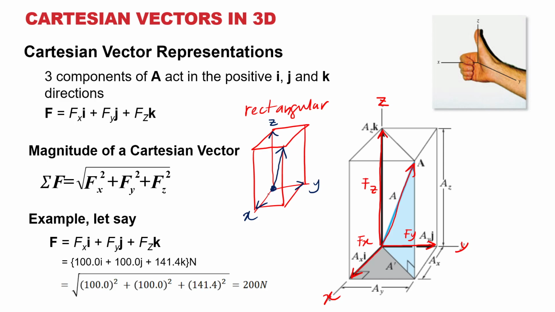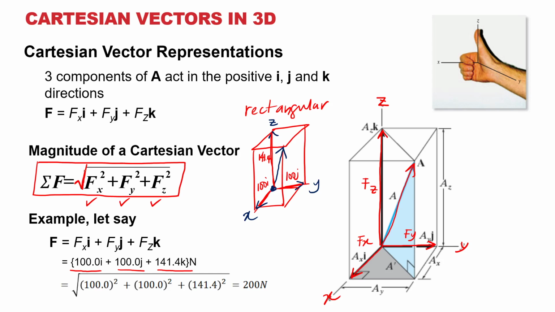Let's say you've got a value, let's say this one is 100 I. This y-axis is 100 J. Let's say the top one is 141.4 K. So you've got a total of 100 I, 100 J, positive 141.4 K. You can find the magnitude by using this formula: Fx squared plus Fy squared plus Fz squared, square root the whole thing.